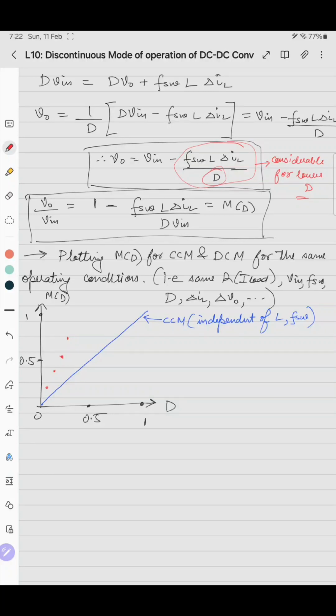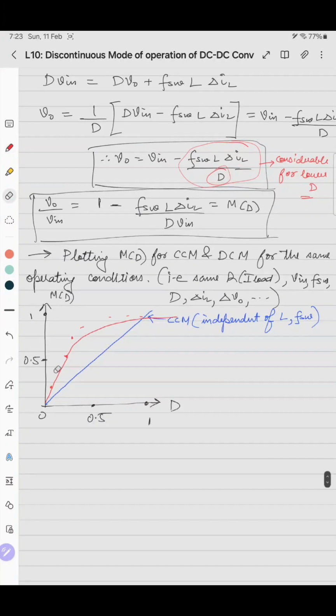For higher duty ratio, it will be like this, somewhat like this. So there will be some intersection point. At this intersection, this is for DCM, for one value of the inductance L1.